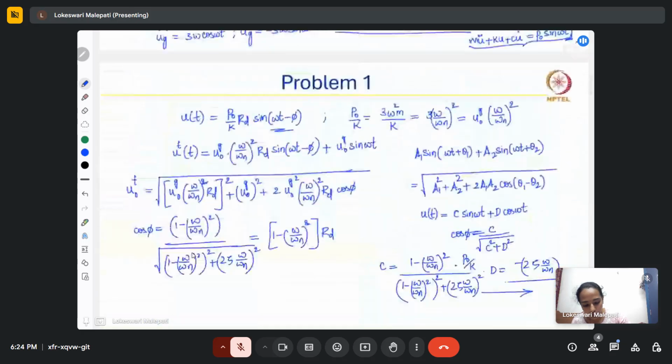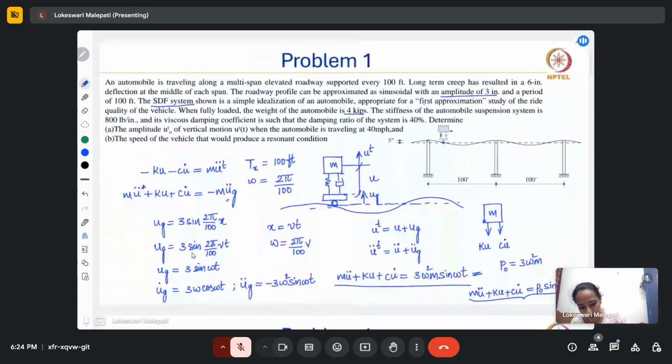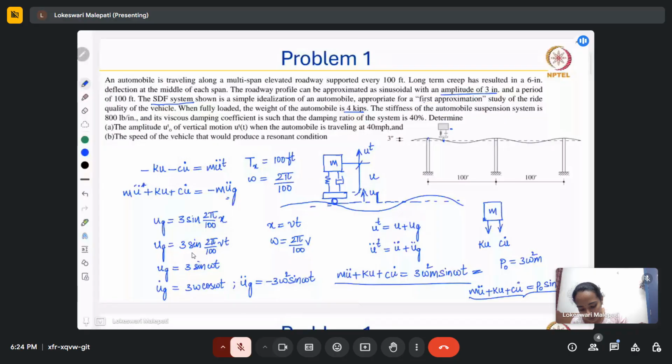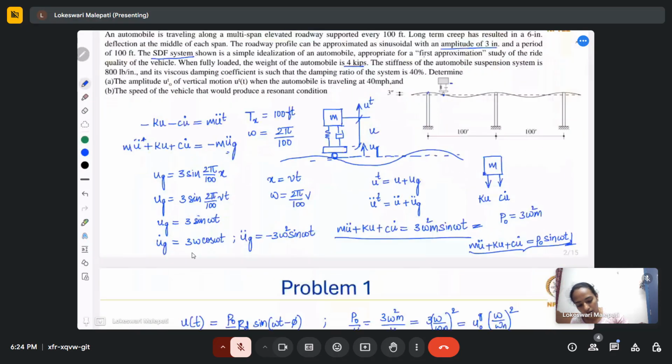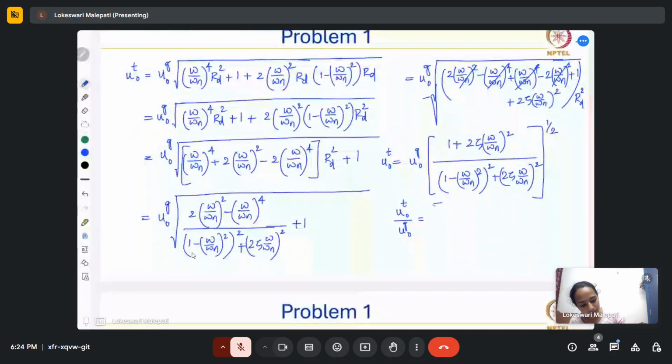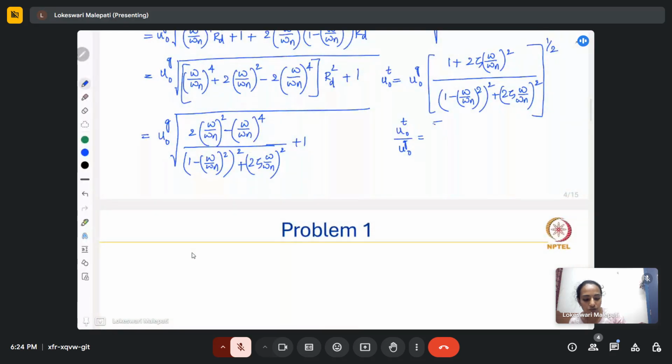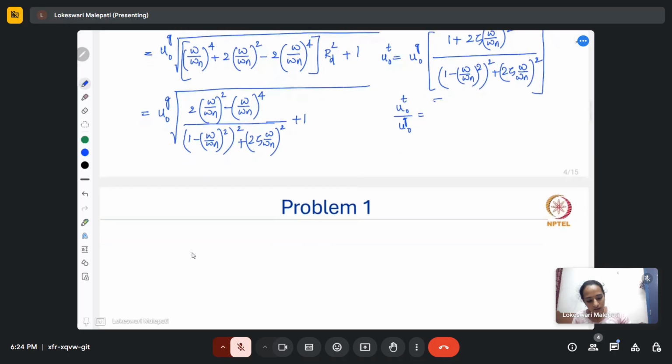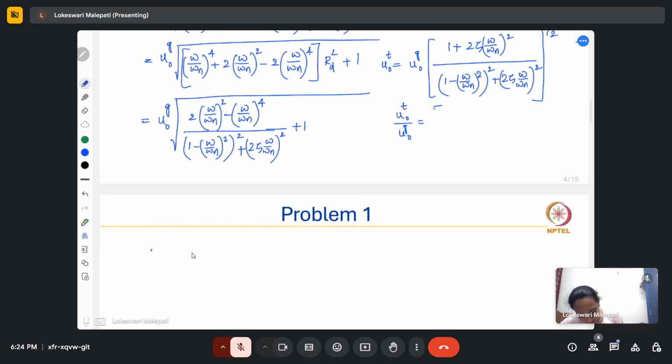So if we go to the question, they have given all the properties of this idealized SDOF system. They have given the stiffness, mass, as well as the damping ratio, which is 0.4. We need to find out omega by omega n. So omega n is equal to square root of k by m.